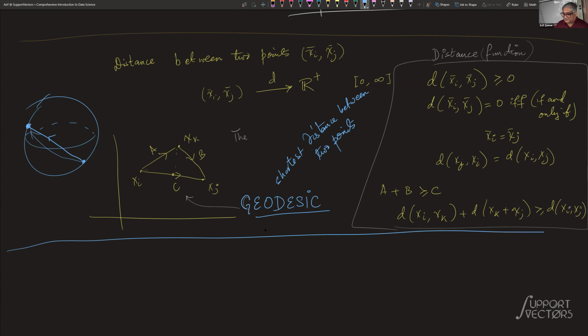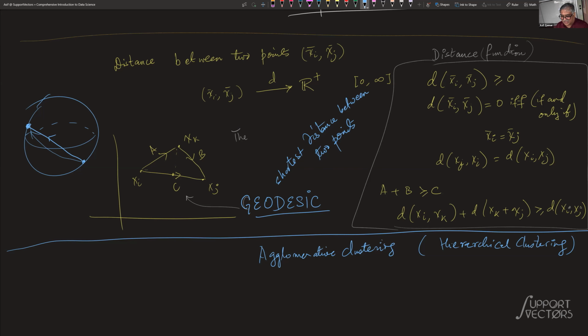Any other questions, folks, before we go into the next clustering, which is the hierarchical clustering? In your book, it's called the agglomerative clustering. So I'll stick to the term hierarchical clustering, which is more commonly used in the industry.